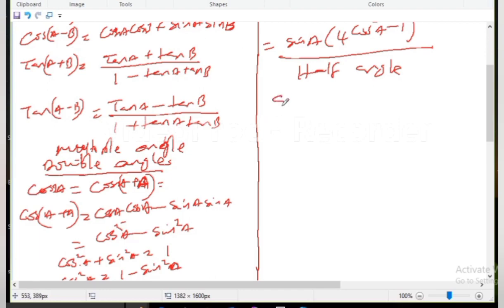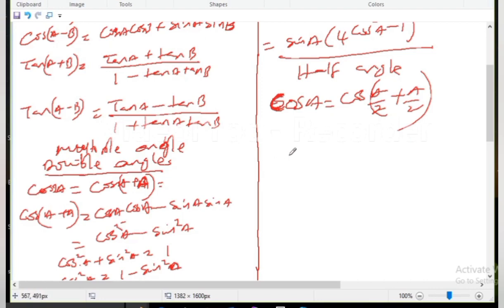So you have this one. If you have sine, we used sine the other time. Let's use cos again. Here you have cos A. If you have cos A, you can divide it into 2 as cos of A over 2 plus A over 2. So this is half angle. Therefore, it's still subject to the same thing.